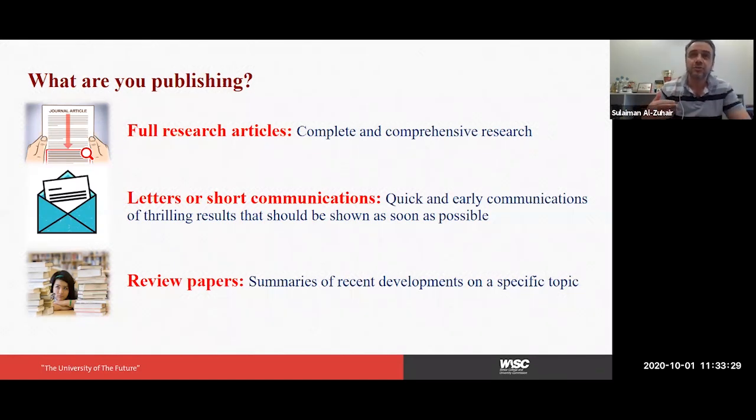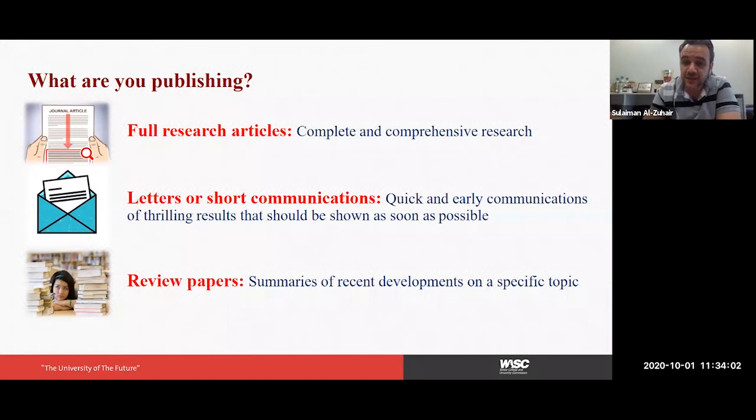So if you manage to beat them to finding the outcome, and you don't want to wait until you measure all the parameters and all the things around it and come up with a complete paper, you just want to own the idea, you can send it in a short communication, which is basically you just show the idea. It is called proof of concept. You have the proof of concept and you can just send it.